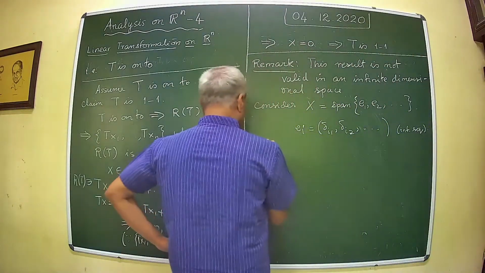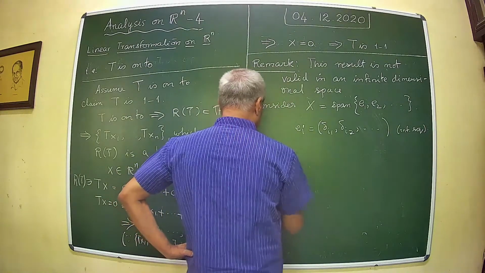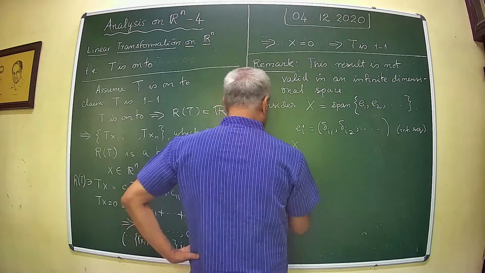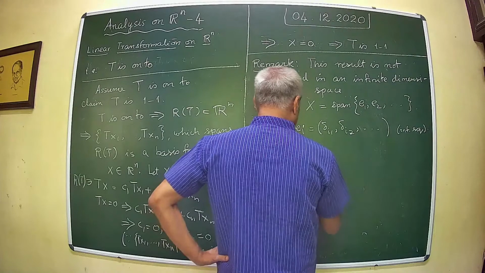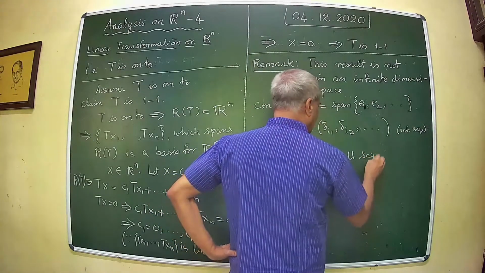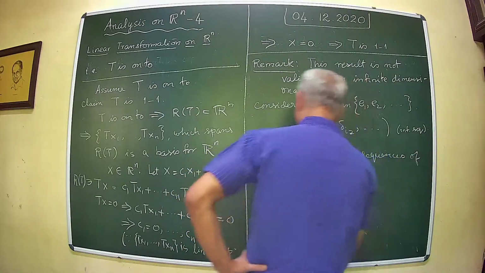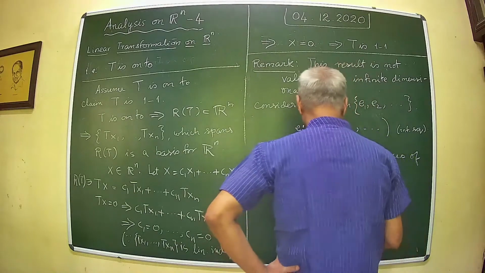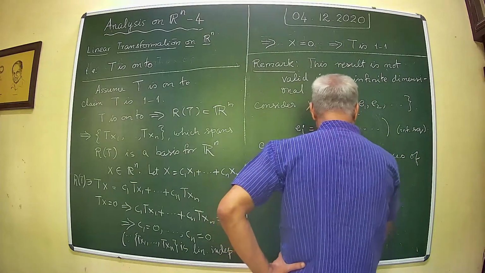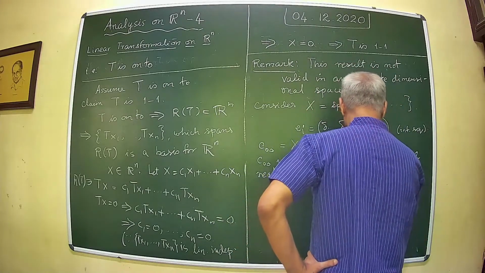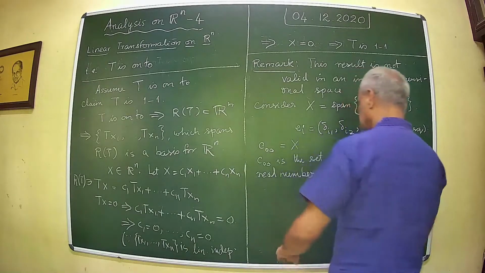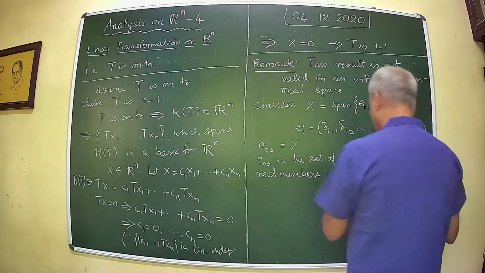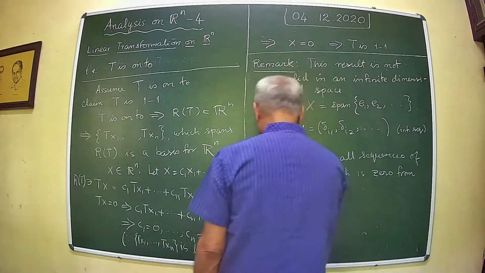So we call this C naught naught, where C naught naught is the set of all sequences of real numbers which is 0 from some stage onwards.